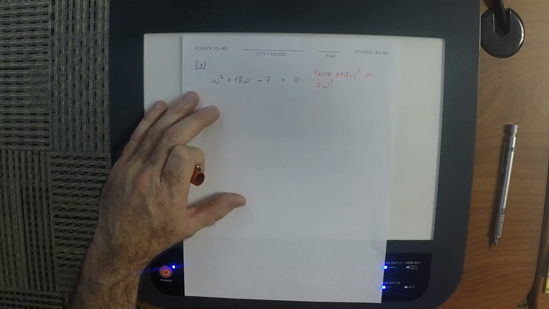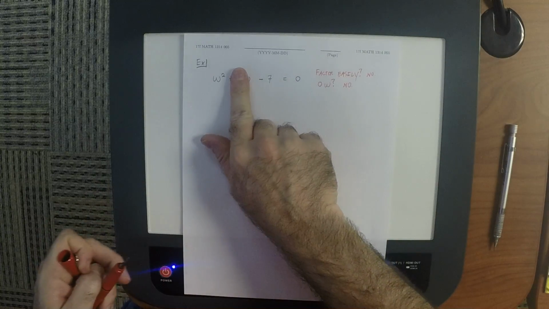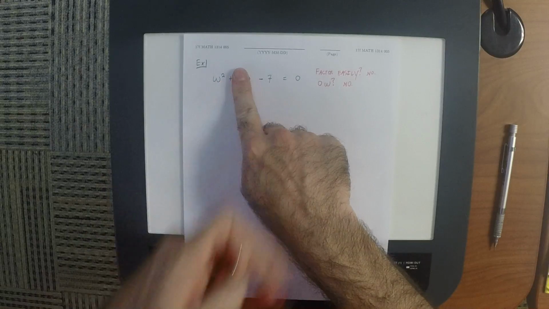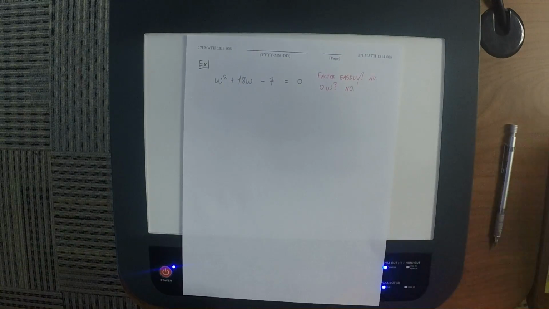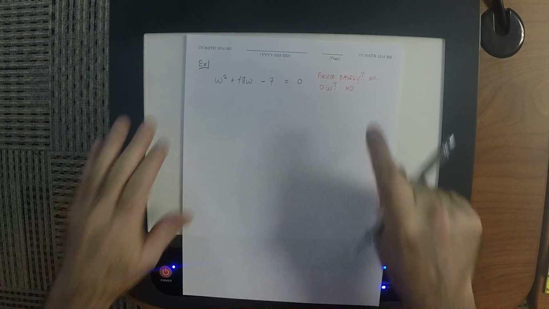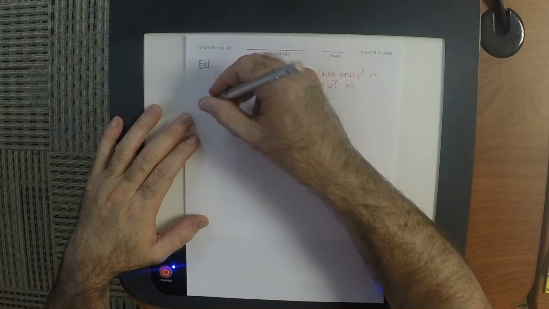So are there 0 of them? No, how many of them are there? There's 18. The reason why we're asking that is because if there were 0 w's, then you could just move the 7 to the other side and be done with it. Okay. So the answer is no in both cases, so now we have to use this new method.